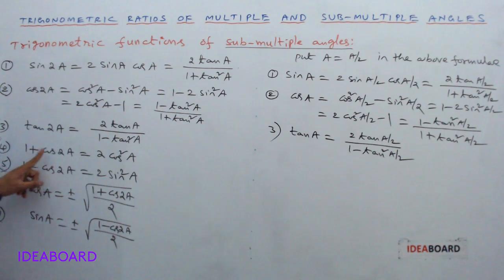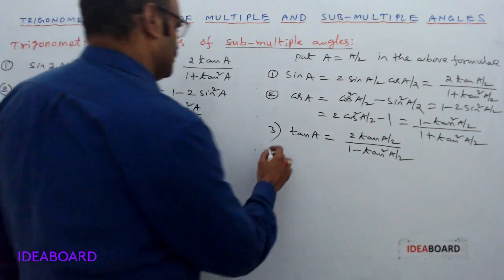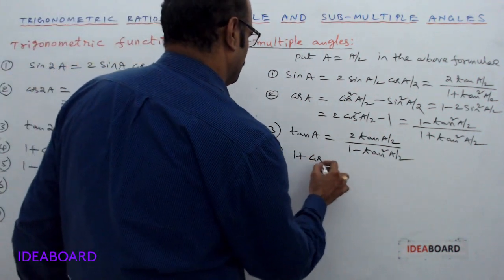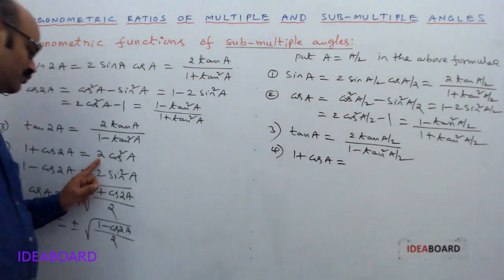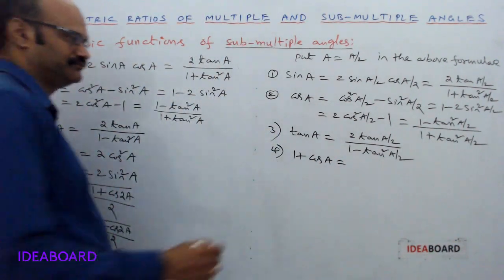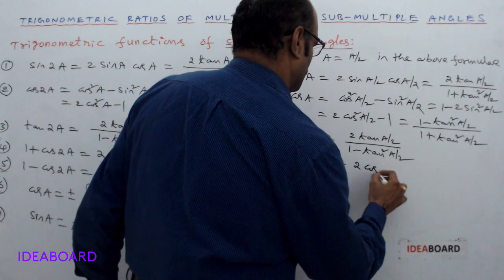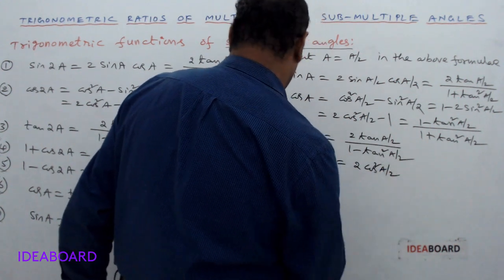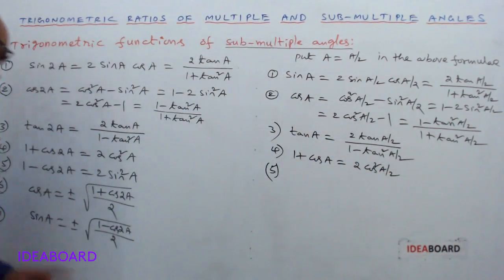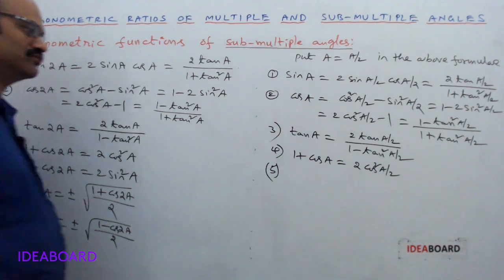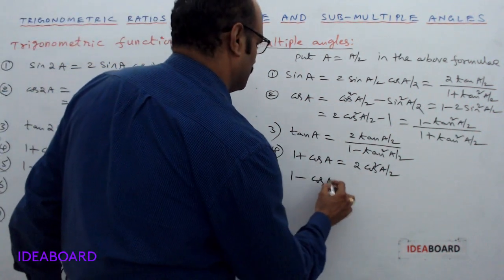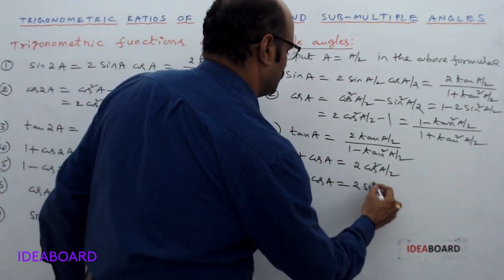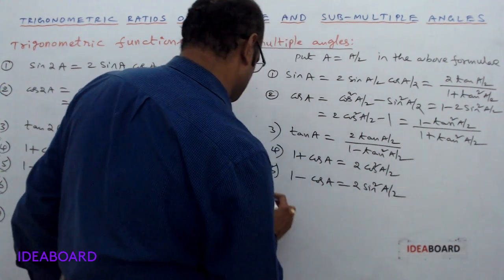Now 1 plus cos A, put A equal to A by 2, 2 into A by 2 equal to A. 1 plus cos A equal to 2 cos square A by 2. 1 minus cos A equal to 2 sin square A by 2.